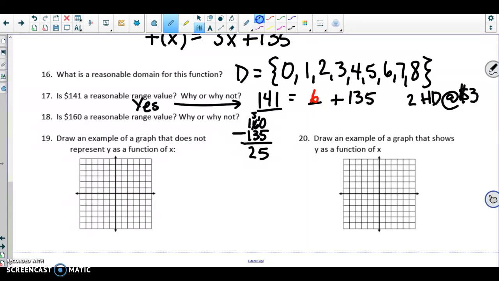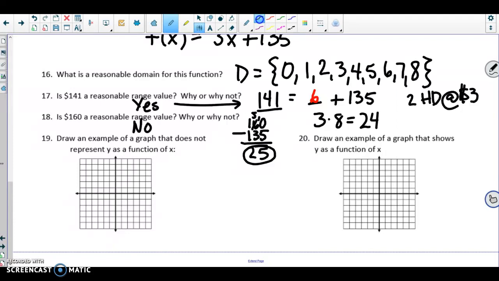Well, at $3 each, 3 times what gives me $25? Well, 3 times 8 is 24, but we need 25 to get exactly to 160. So is it reasonable? No. And that's because of the fact that 3 times 8 is 24, but we need to get to this 25.